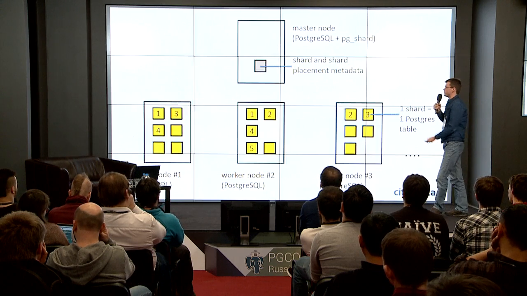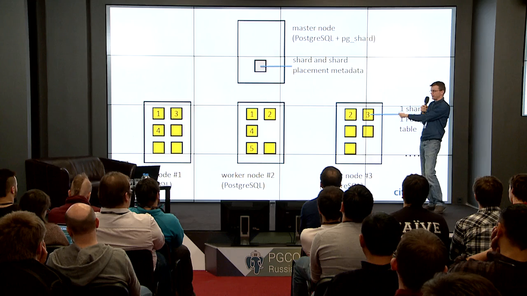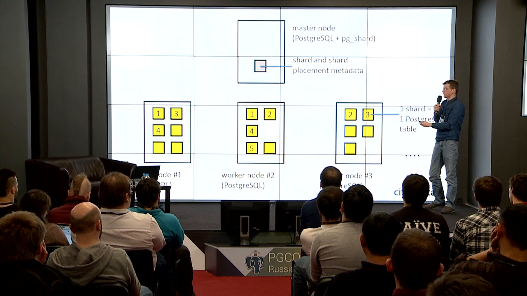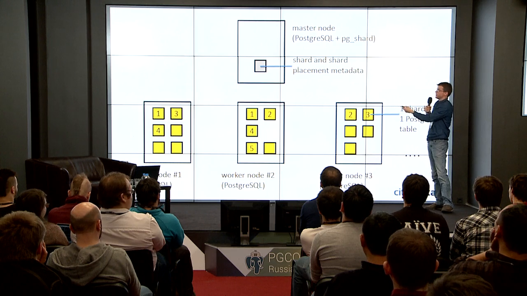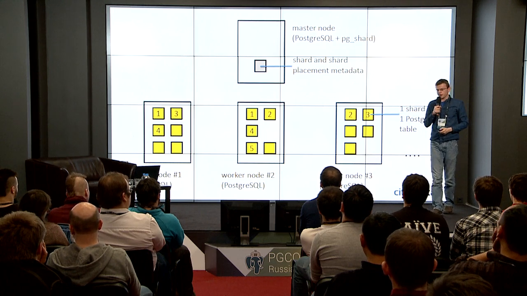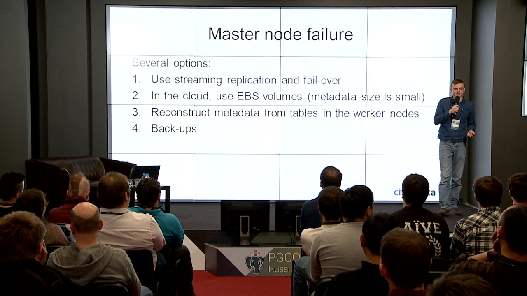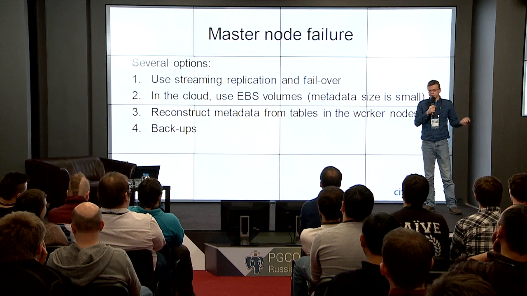Now, one thing about this architecture is I've shown you what happens if a worker fails. We can redistribute the load, and we've made replicas of everything. If the master fails, what can we do? Well, the master is just pretty much a regular Postgres database. The metadata it keeps are regular tables.